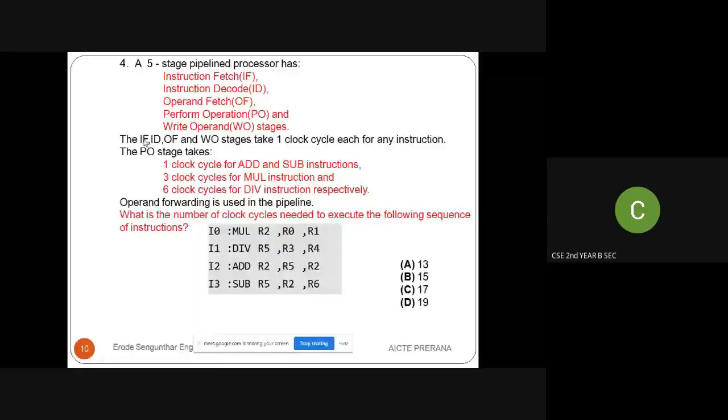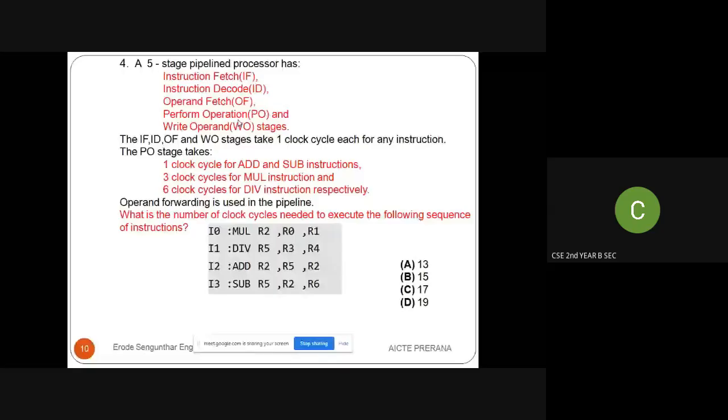But the PO stage, perform operation, can be addition, subtraction, multiplication or division. Anything can be an arithmetic operation. So in order to process this PO stage, there will be discriminations. For addition and subtraction instructions, it takes 1 clock cycle.